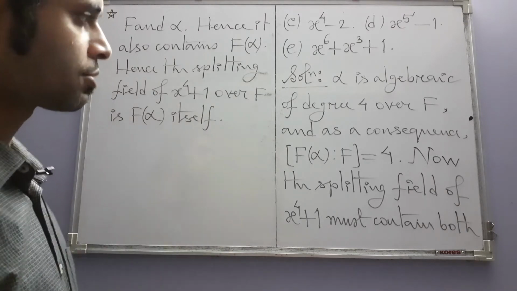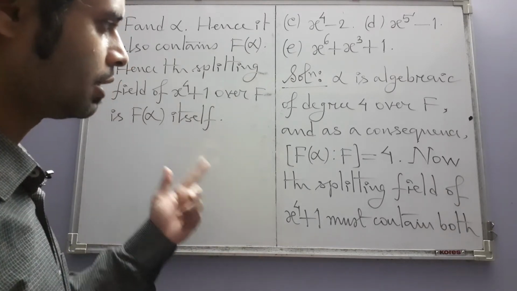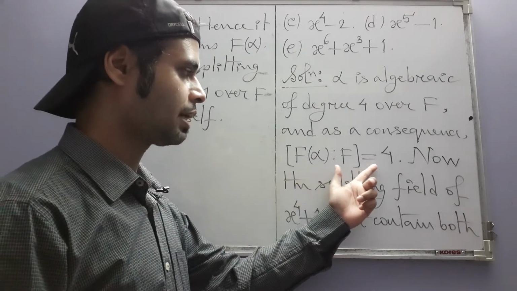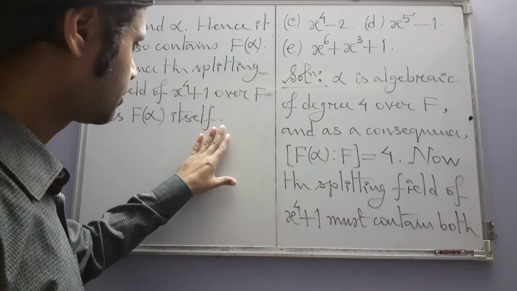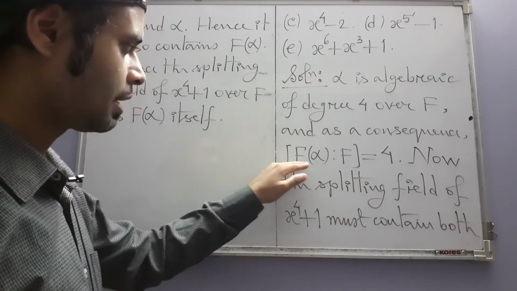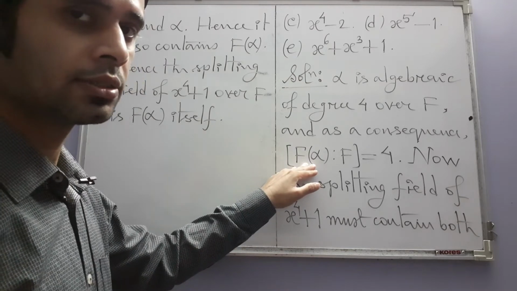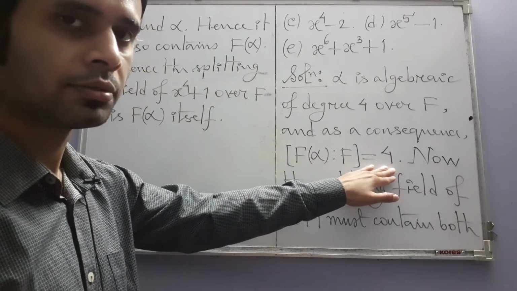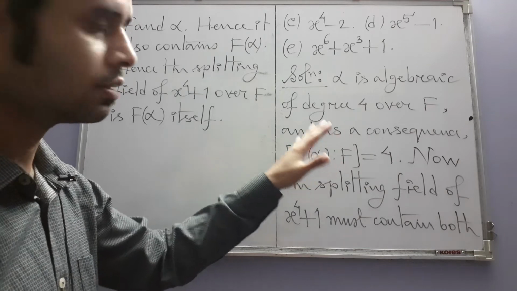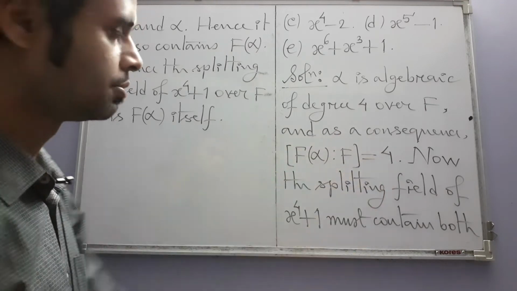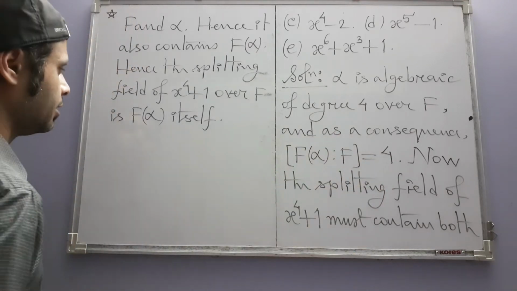And we just stop here because you understand that our main aim has now been fulfilled. We have shown that it's the splitting field, and we needed to actually calculate its degree over F, which we have done. So that's it. So the required degree is 4. So this is our part A.